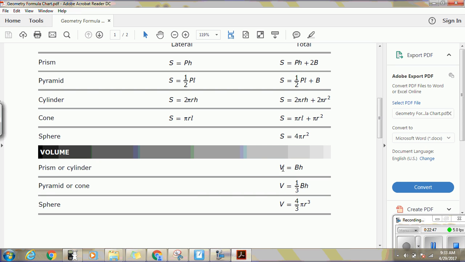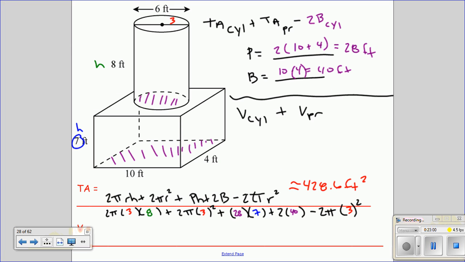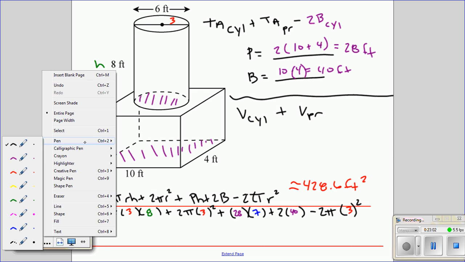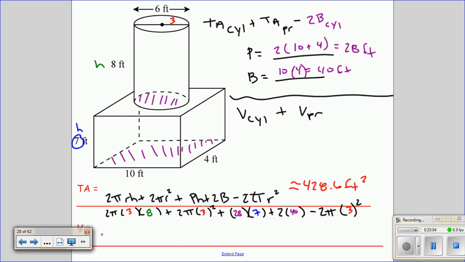Volume of cylinder is B times H, as well as for prism. So they use the same formula. That's helpful. So it's B times H plus B times H.